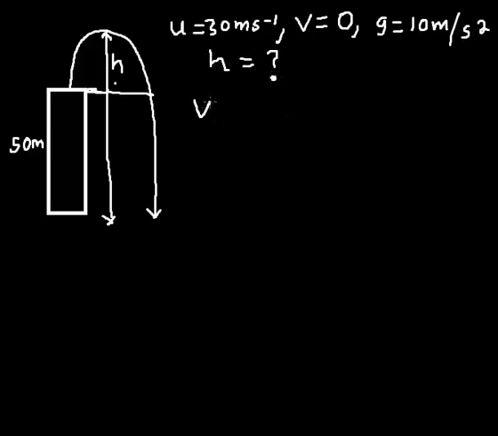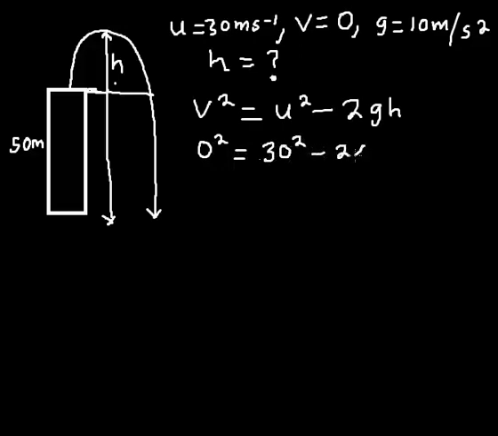v square is equal to u square minus 2gh. So this is going to be 0 square equals 30 square minus 2 times 10 times h.